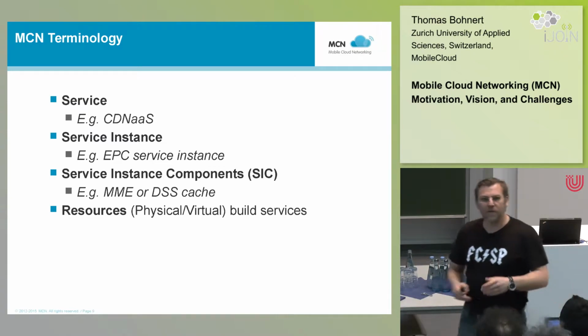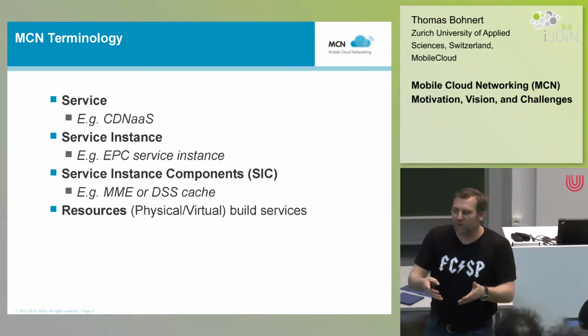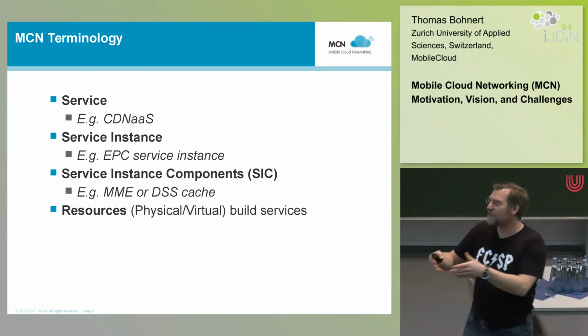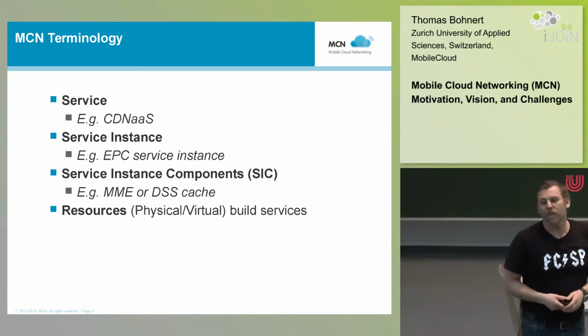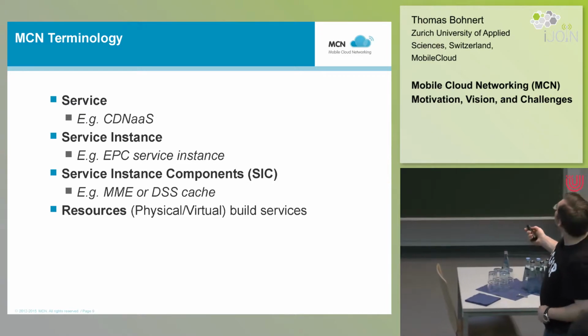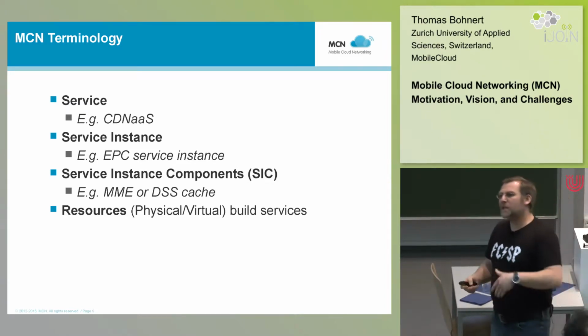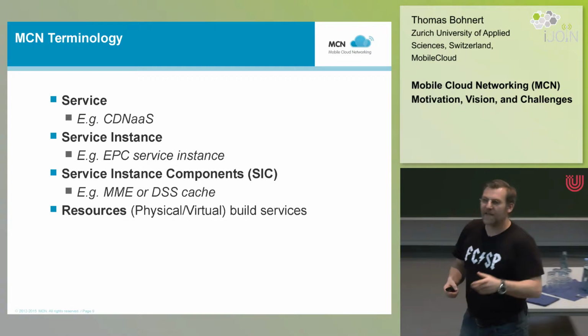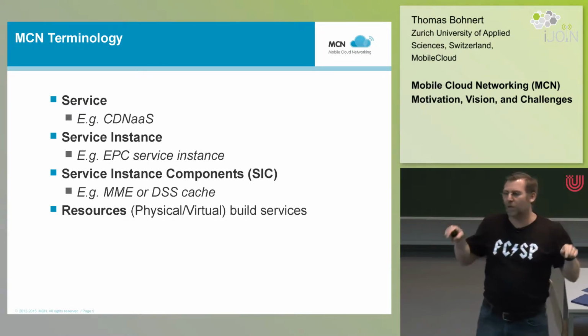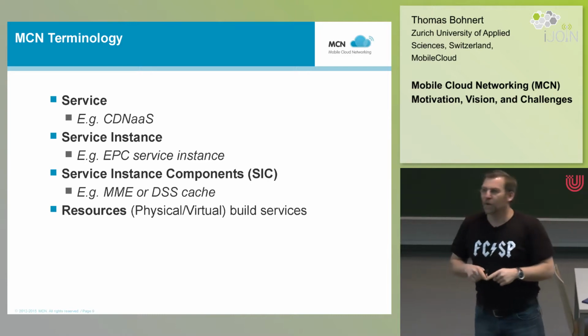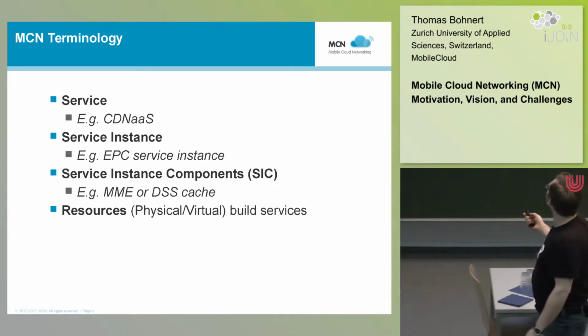Okay, so I can say I have EPC in my service portfolio. If a customer comes, I instantiate an EPC for one customer, so it's a service instance. Then typically, EPC or also IMS or other components are themselves one service, but consist of many components internally. So we call them service instance components.